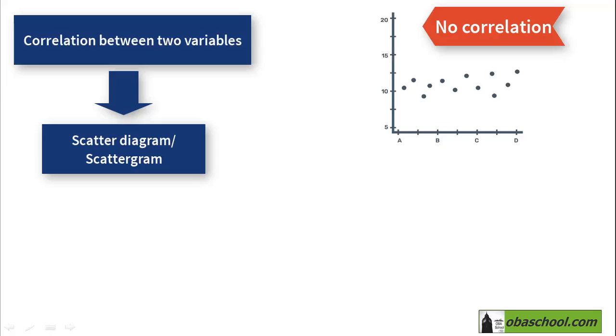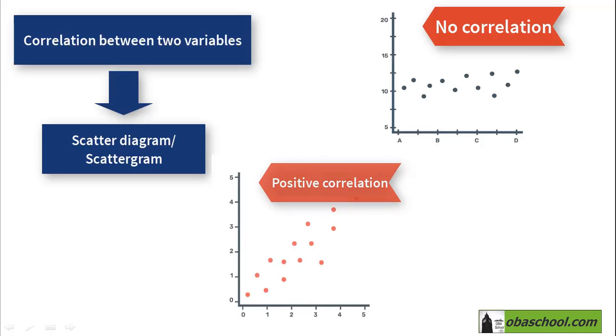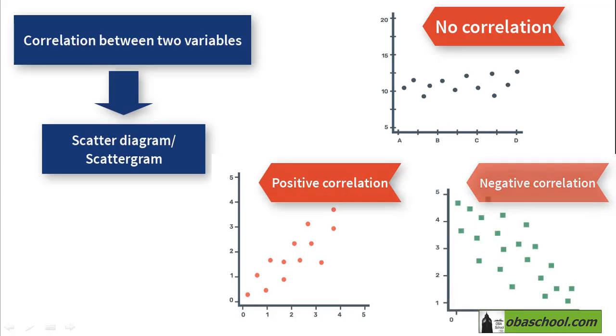As you can see in the following graph, the points are scattered. Or a positive correlation, meaning as one variable increases, the other variable increases as well. This is shown by the trend on the graph. Or a negative correlation, meaning as one variable increases, the other variable decreases, as shown on the graph.